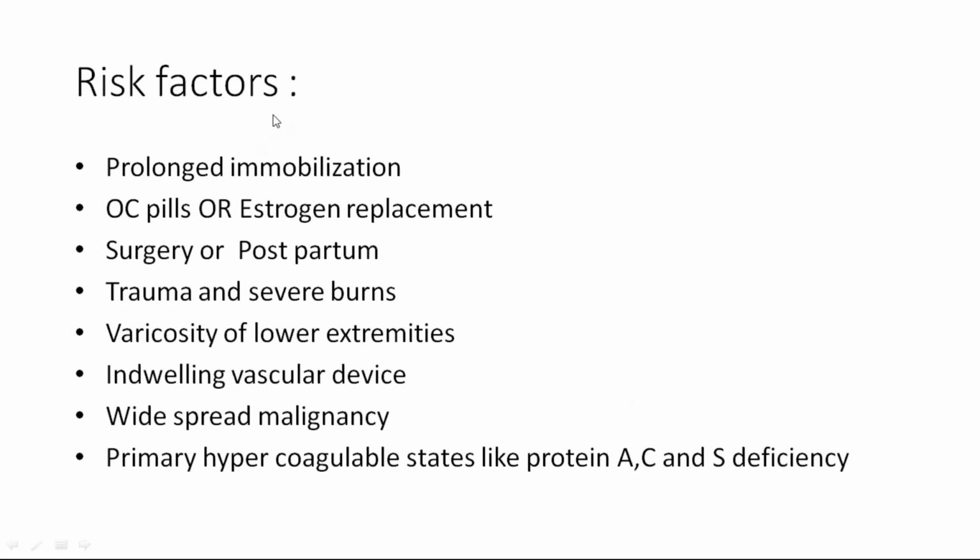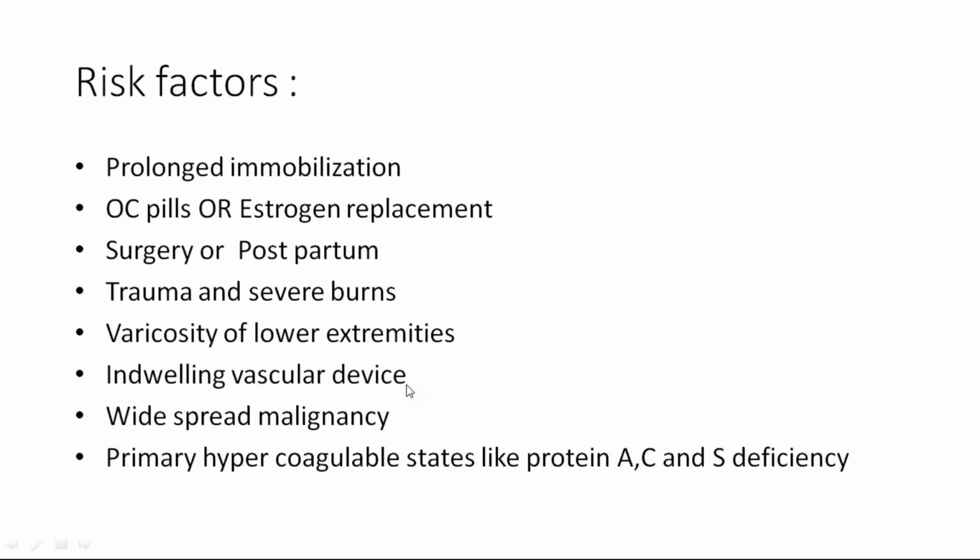DVT. And the risk factors for deep vein thrombosis are: prolonged immobilization causes thrombosis, and OC pills or estrogen replacement may increase thrombosis formation, and surgery or the postpartum period increases risk for DVT. Trauma and severe burns, varicosities of the lower extremities can also cause DVT.